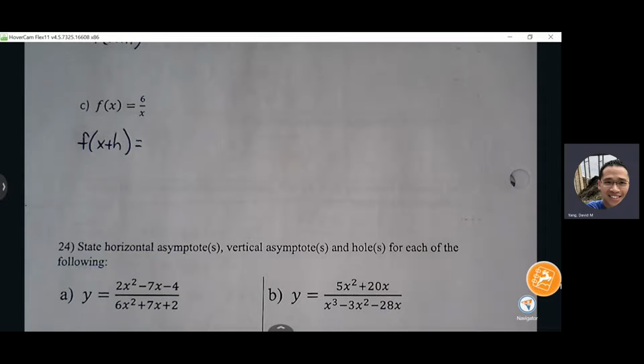So again, I'm looking at the original function. I'm going to identify the location of the x, remove it, and in place of it, put that x plus h, which is the new argument value.